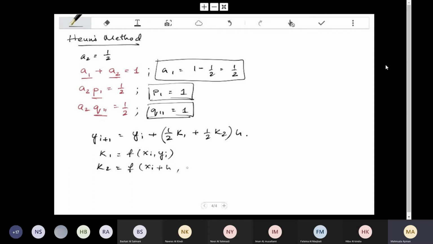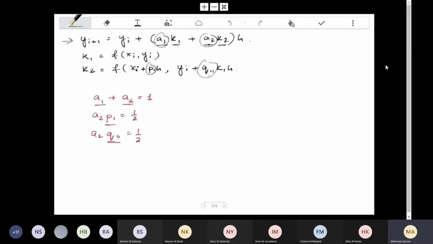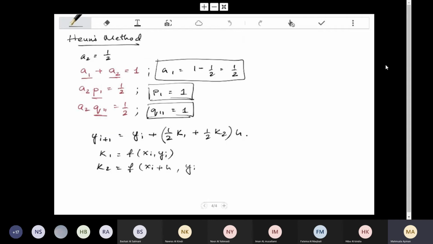And then you will have here yi plus q11 times k1 times h. So q11 we got as 1, times k1 is k1 again, times h. So those are the formulas that you will use for the Heun method in general.